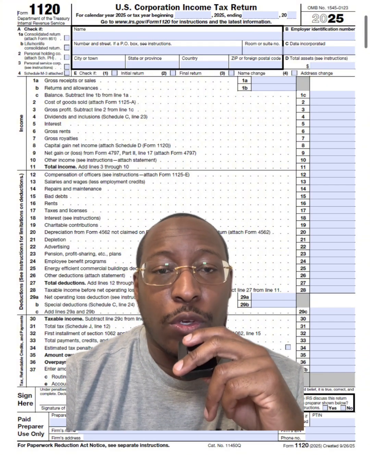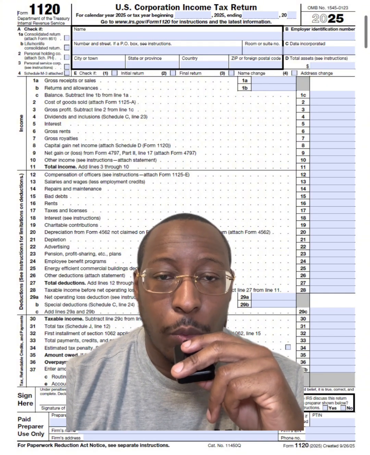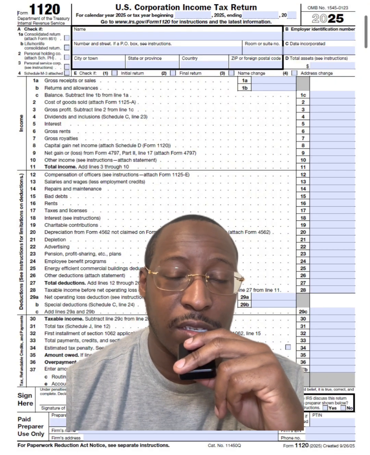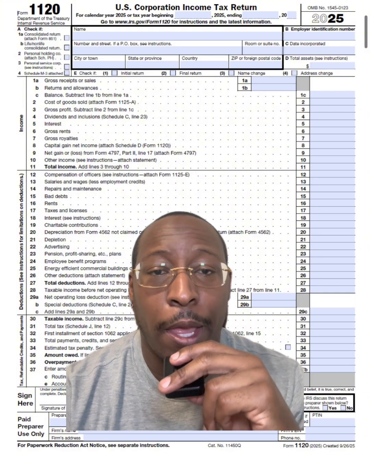Okay. So, guys, when it comes to the C corp, this is a unique situation because there is a sort of double taxation effect that happens here. And what does that entail?